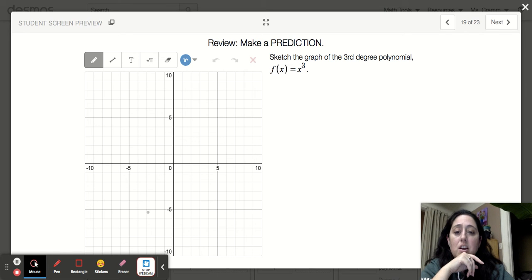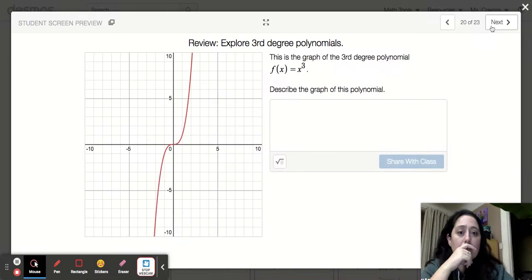X to the third. So again, we know it starts down here, it does something here, and it goes up. So you should really talk about its end function. It starts down here, ends up here, x-intercept of 0. It's actually got a y-intercept of 0 too, right? It's where it hits both of the axes.